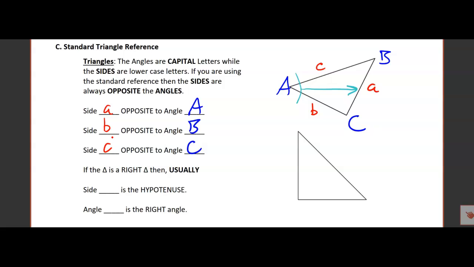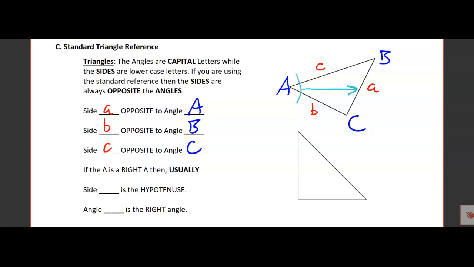So you're kind of looking at it as angles as like hinges, like a door or something, okay? And that's why they're set up opposite, because then I can say like the biggest angle has to be opposite the biggest side. The smallest angle has to be opposite the smallest side. Small angle means small side. Large angle means large side. Okay?